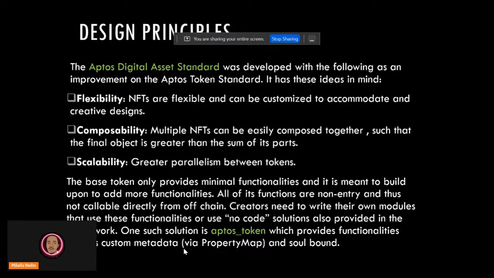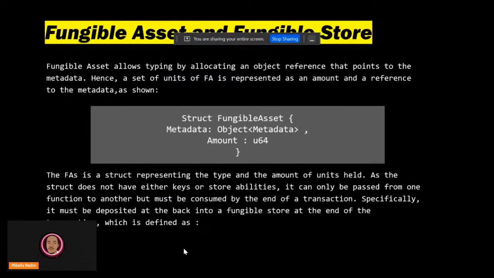Greater parallelism between tokens, just tokens sharing common characteristics between them. We have fungible assets and fungible store. The code below identifies it all.